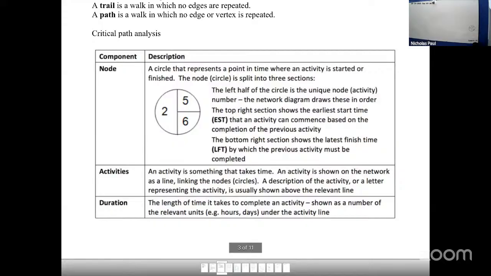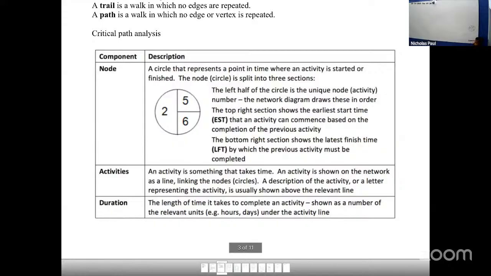The earliest start time is when an activity can commence based on the completion of the previous activity. And the bottom right section shows the latest finish time by which the previous activity must be completed.